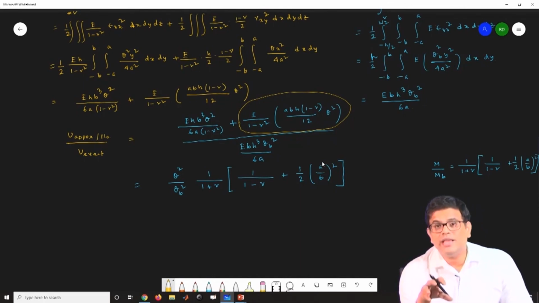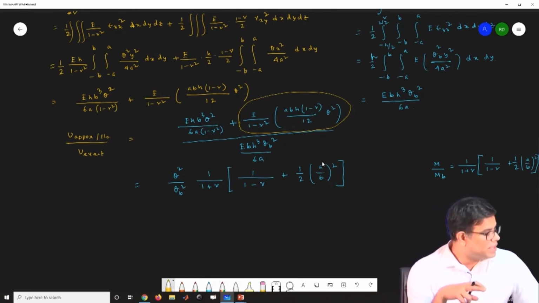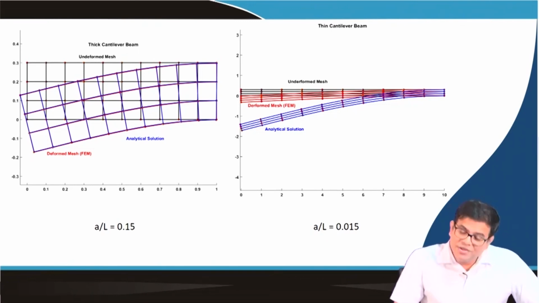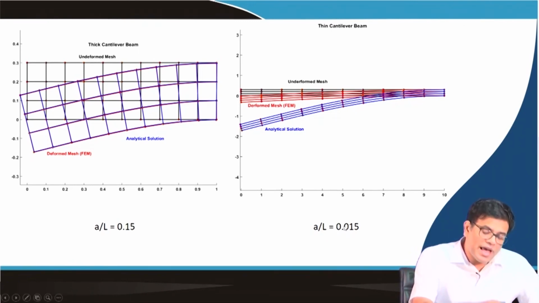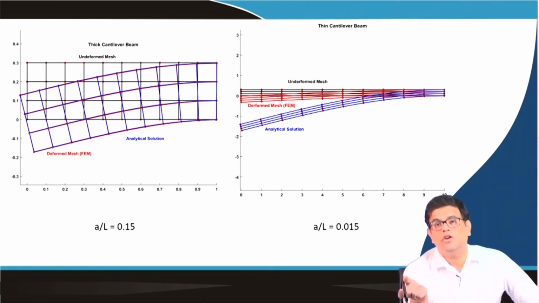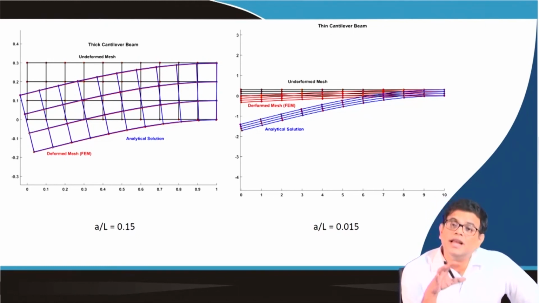So that's why in the previous case, what I have shown here, when you have the a by L ratio less, that means the aspect ratio of the element, then the mesh will lock because of the spurious shear energy developed due to this discretization or this particular element. This will create the locking.